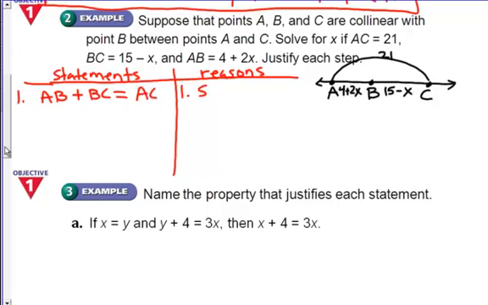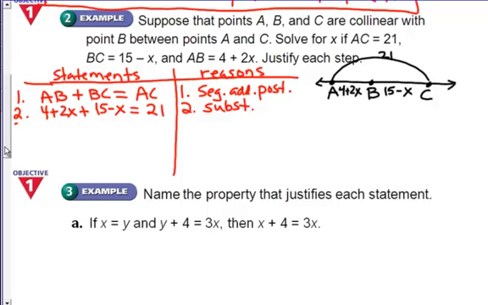This is called the segment addition postulate. Okay, now I'm going to put my equation in. So AB is 4 plus 2x. BC is 15 minus x. AC is 21. This is called substitution. When you put the values into the equation, it's a substitution.